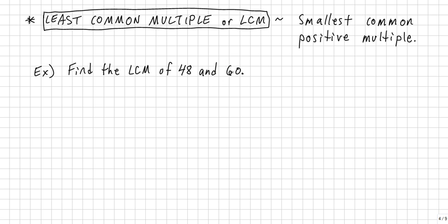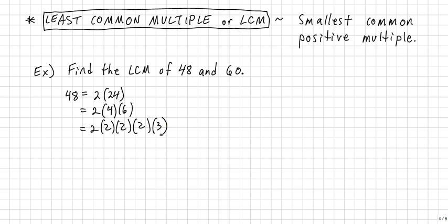So the way we can come up with this is we can do the prime factorization again. So 48 would be 2 times 24, which would be 2 times 4 times 6, which would be 2. That'll break up into two 2's, and that'll be a 2 and a 3.